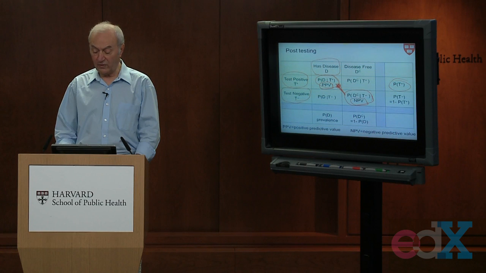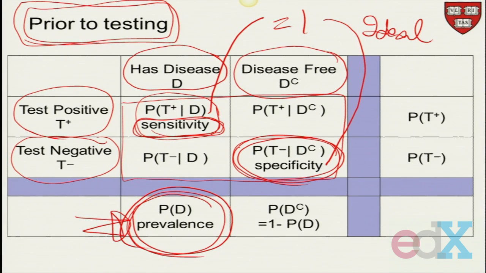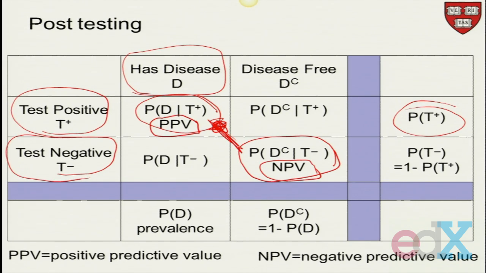But the point to remember here is that prior to testing, we've got one set of measures, sensitivity and specificity. Post-testing, we've got another set of measures called the positive predictive value and the negative predictive value.